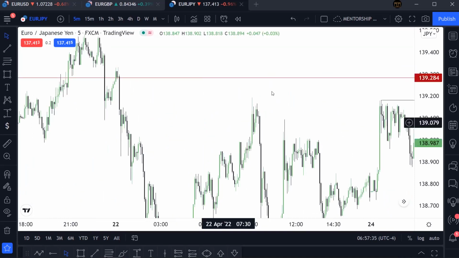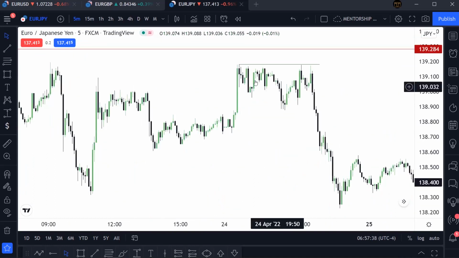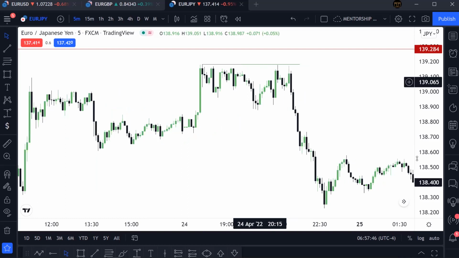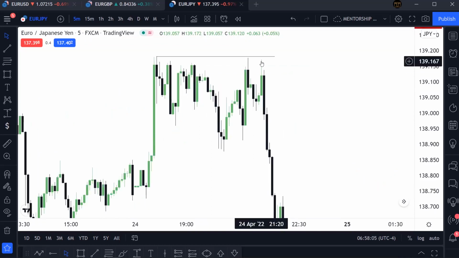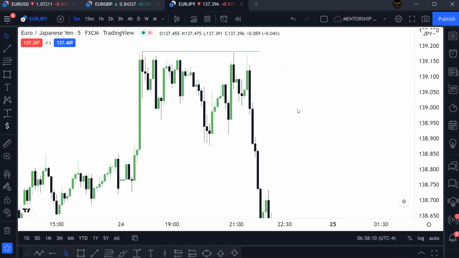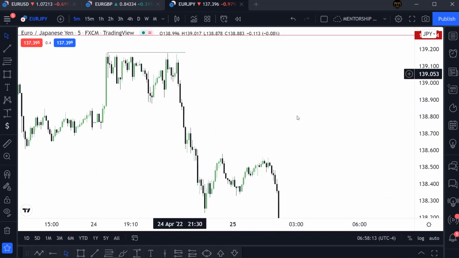So we took liquidity once, but since we didn't leave any imbalanced zones after taking liquidity in 1C, I'm looking at price trading higher above these highs, taking liquidity down, then above these highs, then we shoot lower. So we see what happened, still at 2100 hours New York time. That is the Euro Yen. This is exactly what happened.